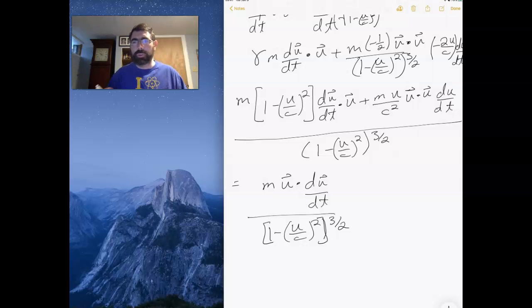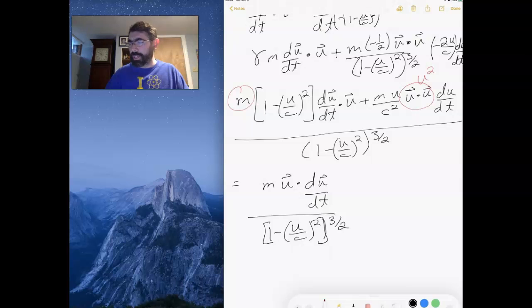So essentially when you multiply through by the m here, you get a cancellation where u dot u is u squared.